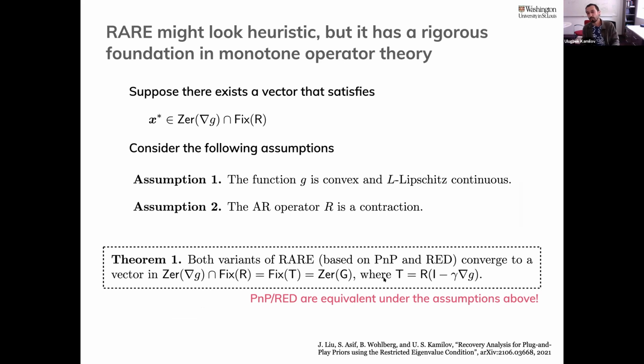This is just one form of the statement. In this case, plug and play and RED will be equivalent. In fact, they were invented as separate algorithms, but they could be equivalent under some conditions. And then you can also state all kinds of different convergence results and so on. If anybody is interested in this, one of the latest papers we did on that was this recovery analysis paper, which is on arXiv right now. It's under review at NeurIPS for this year.